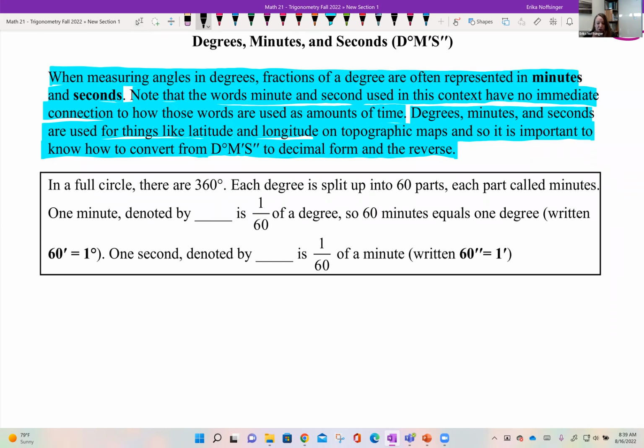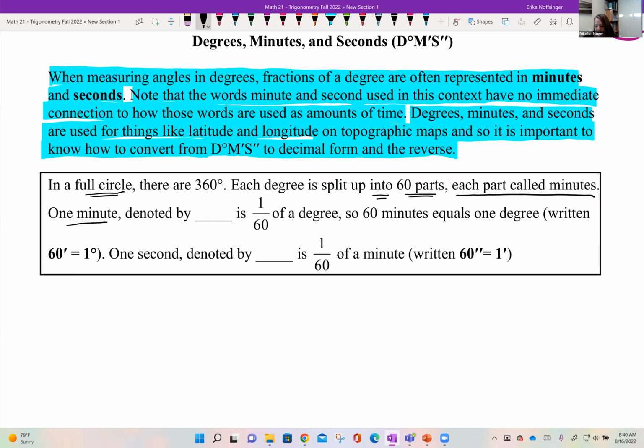So we talked about if you were looking at a full circle, starting at our initial side and rotating in a full circle, that was 360 degrees. Each degree is split up into 60 parts. Each part is called a minute.